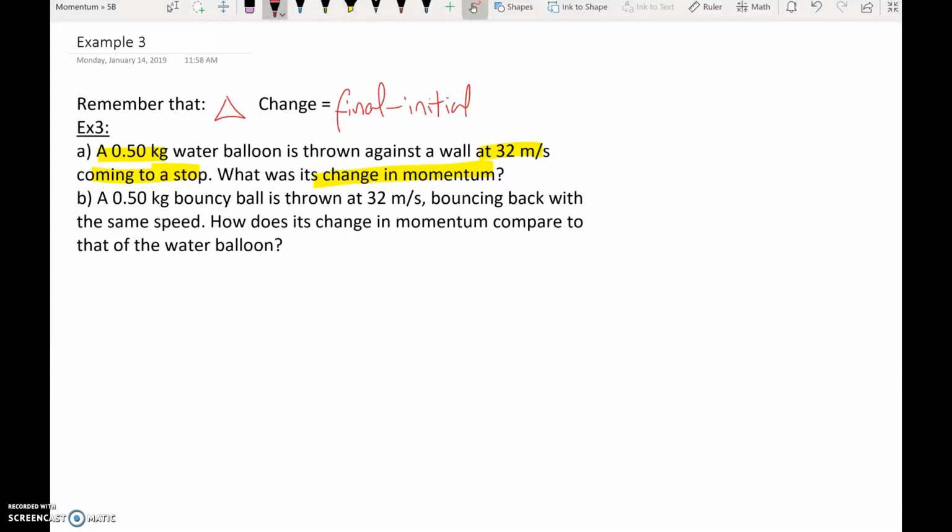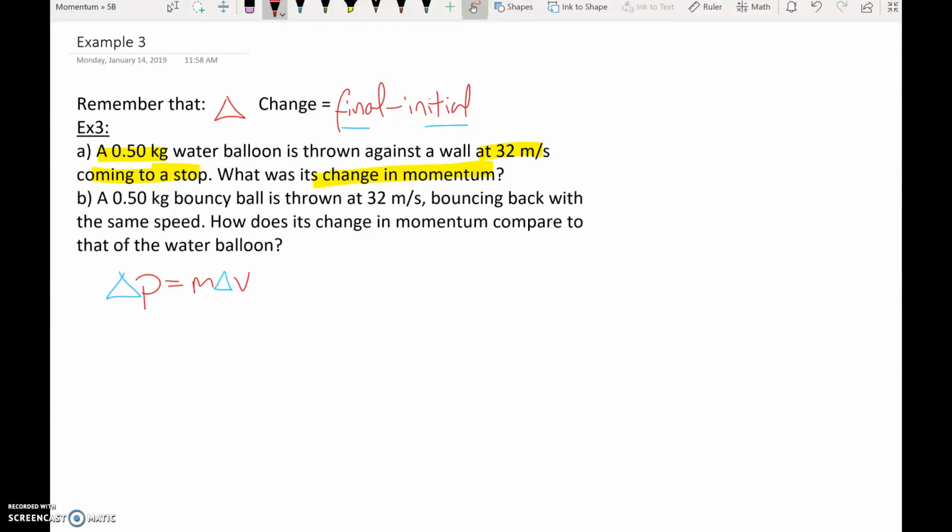Okay, so we're going to have to kind of think about and extrapolate what this is talking about. So we know that momentum is equal to mass times velocity. But the problem wants us to solve for the change in momentum. So if we're talking about the change in momentum, that means basically final minus initial. Then what's going to be the change on the other side of the equation? Mass is going to be the same, so what changes is our velocity.